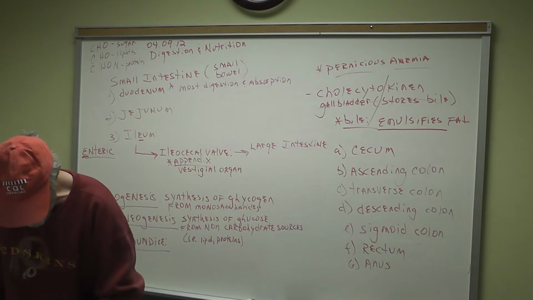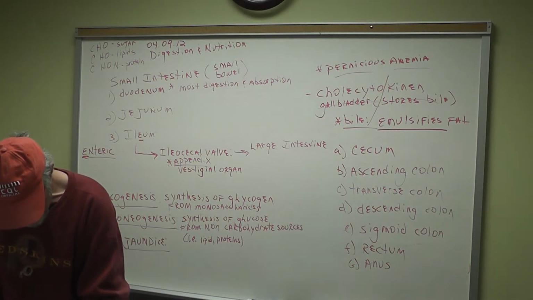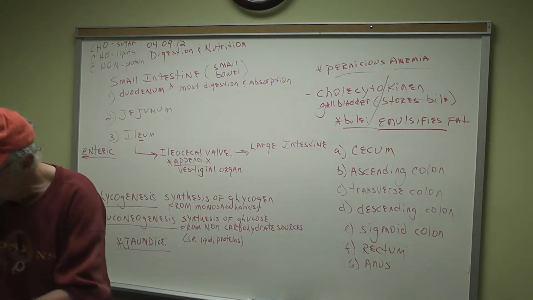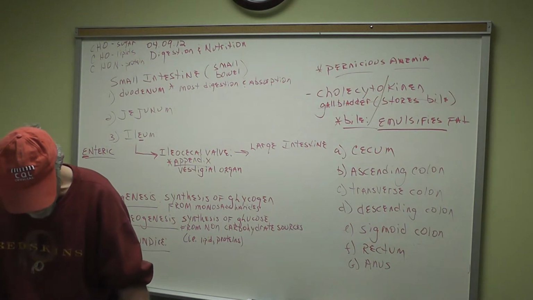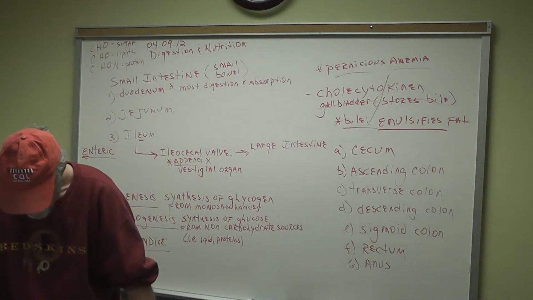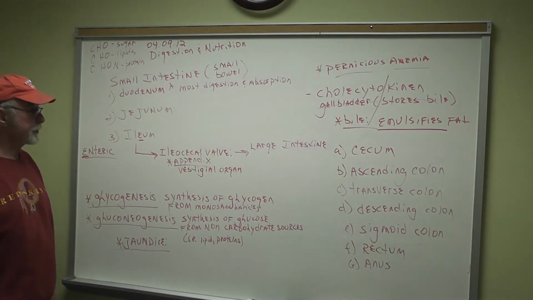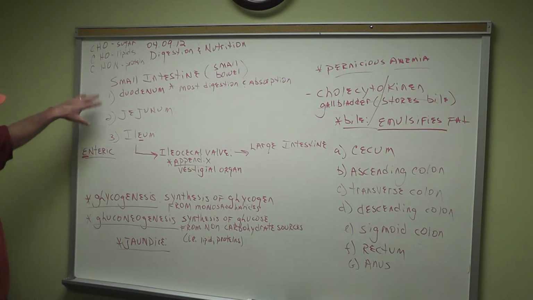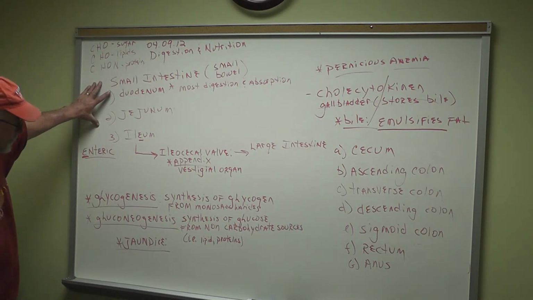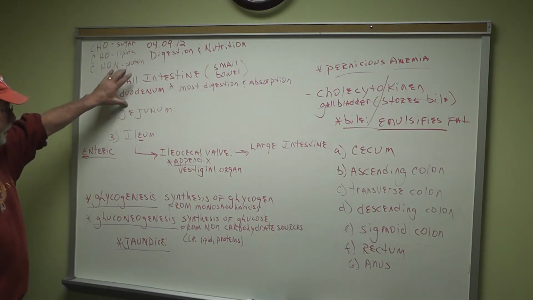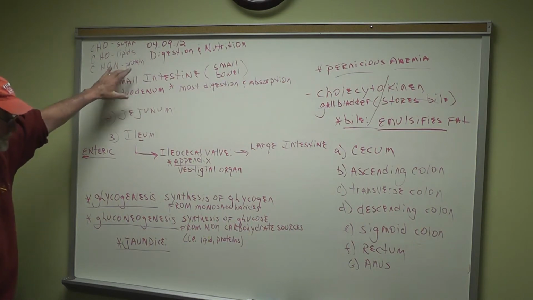All right. You can see, make note of table 15.6, intestinal absorption of nutrients, the monosaccharides, amino acids, fatty acids. Now in the small intestine, particularly the first division, the primary function is most absorption and digestion.